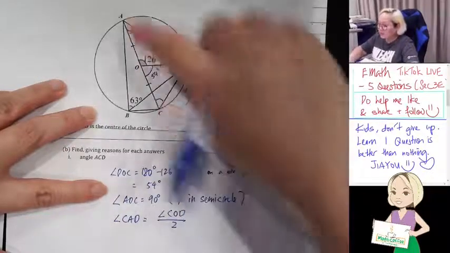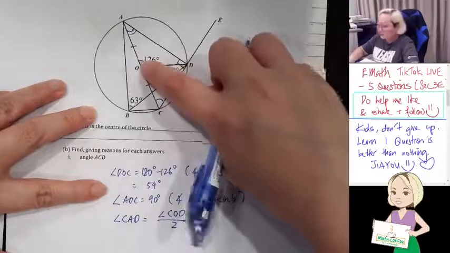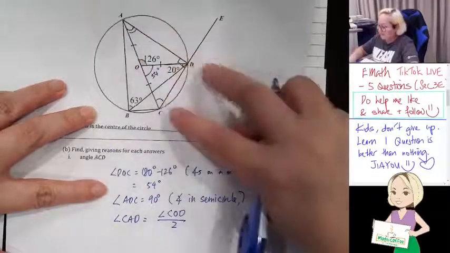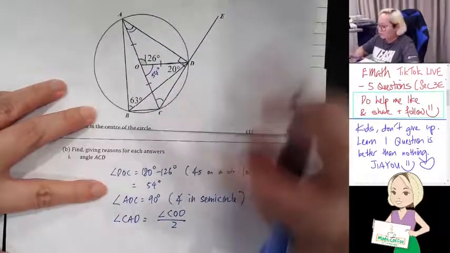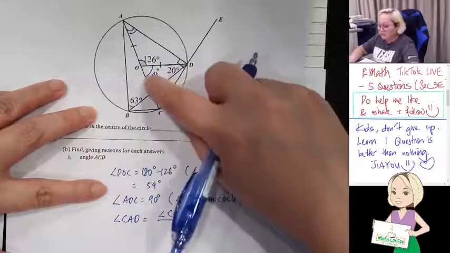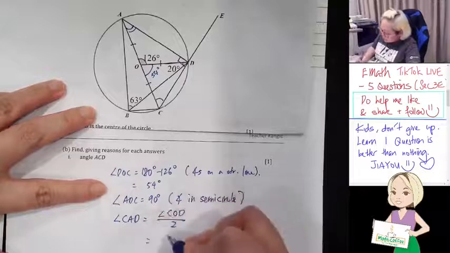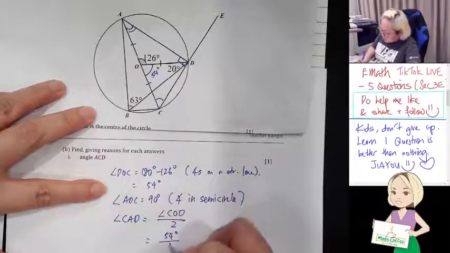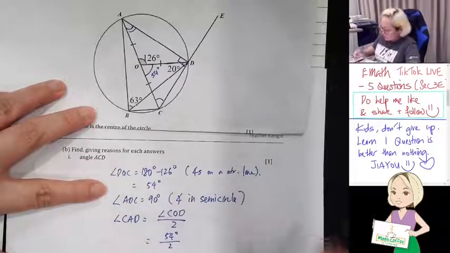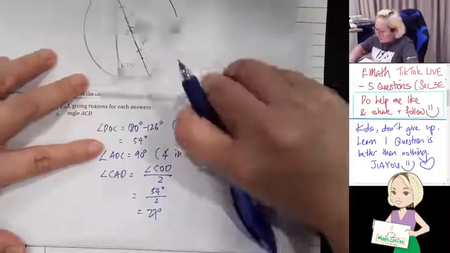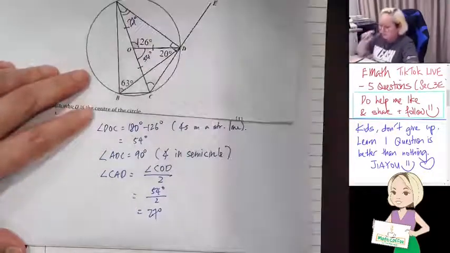COD, CAD: the O is the center, the A is the circumference, and they have the same base CD. So one of the properties of circles is that this angle is double this angle. So I will just take 54 divided by 2, which is 27 degrees. So I know this is 27 degrees.